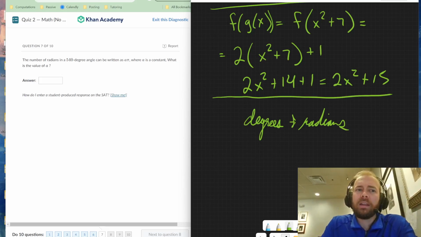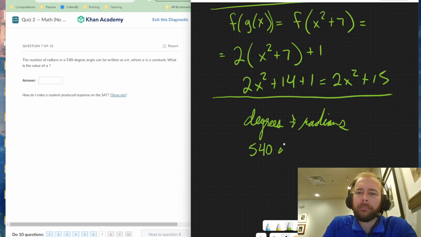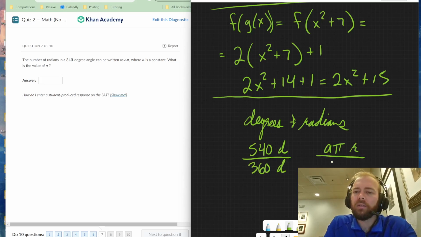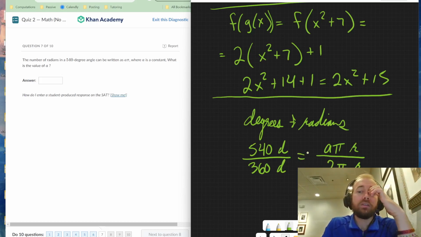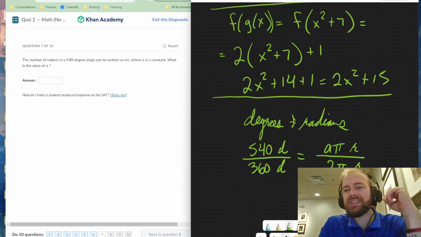So if there are 540 degrees, we'll put D here for degrees, 540 degrees, and we're looking for a pi radians, put R for radians. Okay, well, how many degrees are in a circle? 360 degrees are in a circle, and that is 2 pi radians. So you could do it this way. You could also just times it.